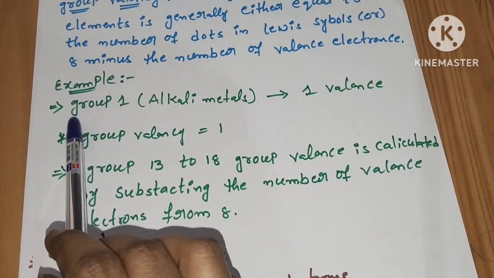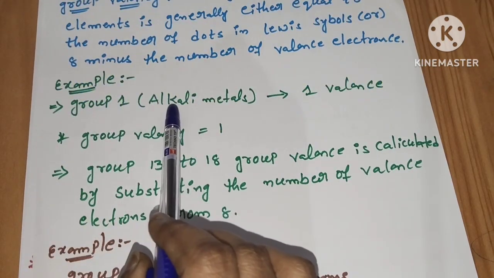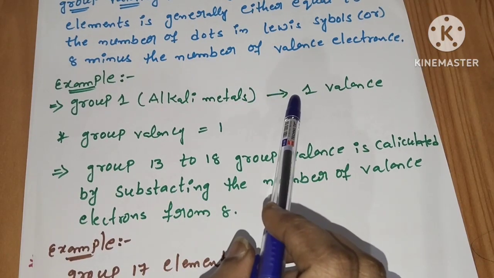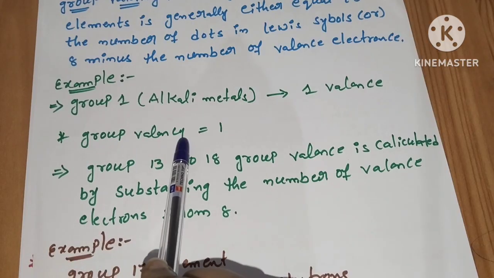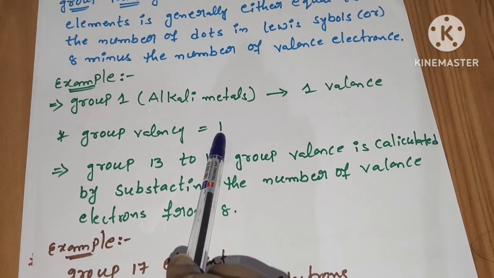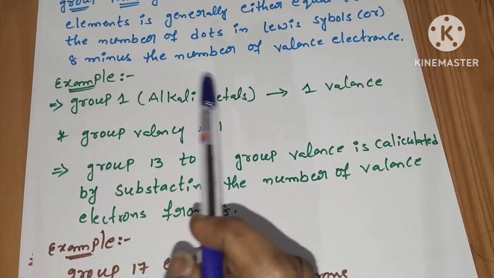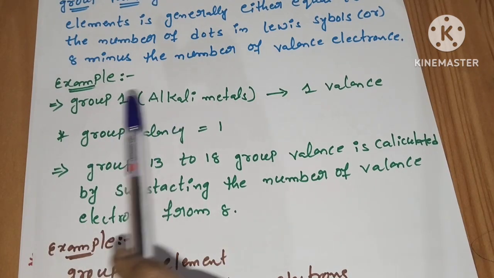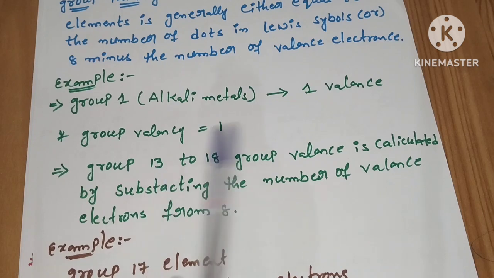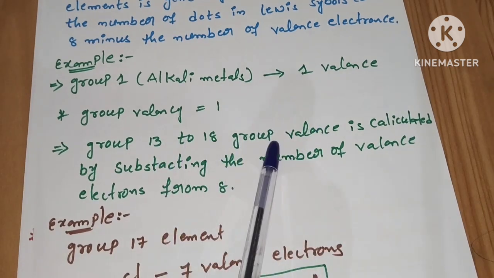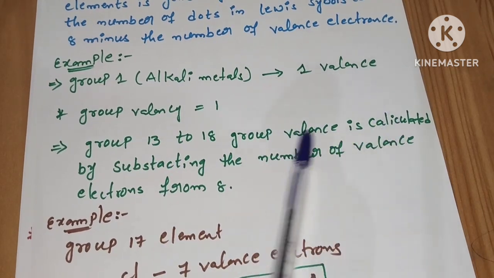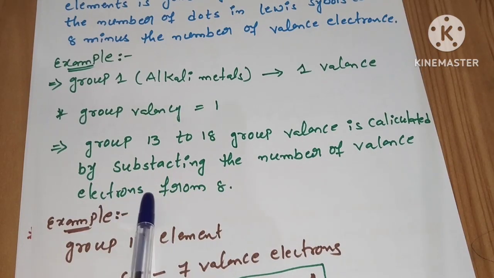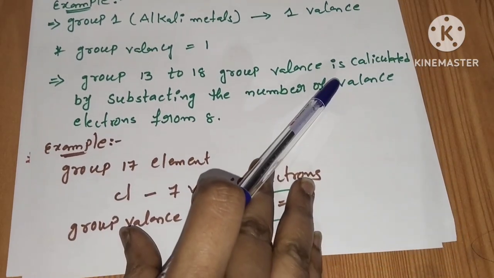For example, group 1 elements like alkali metals have one valence electron. So their group valency is 1, like lithium, and group 2 elements have a group valency of 2, like beryllium. For groups 13 to 18, group valency is calculated by subtracting the number of valence electrons from 8.